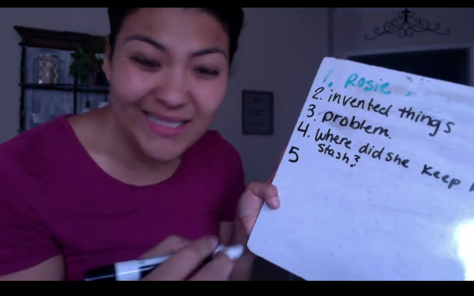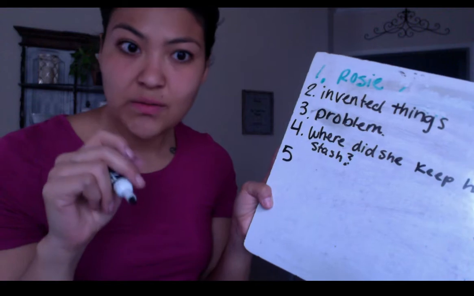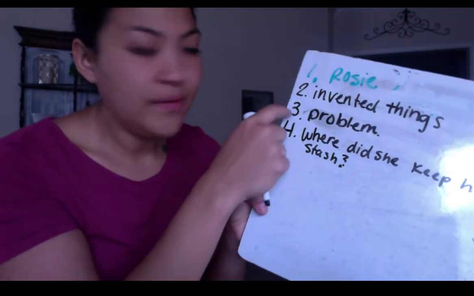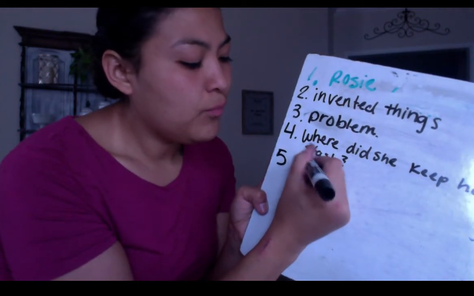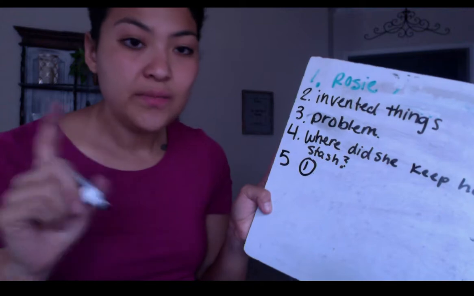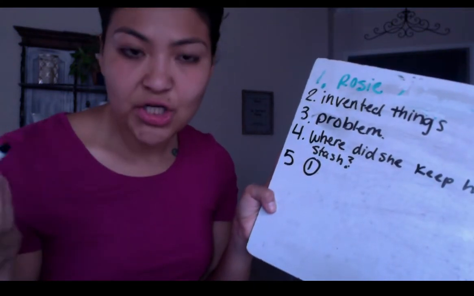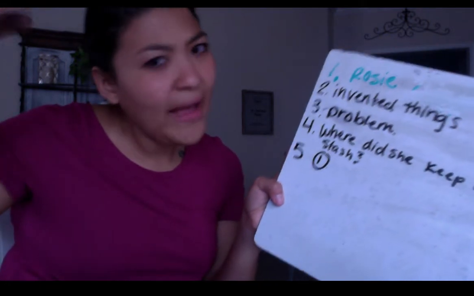So why did she invent those two inventions? So there's two different answers for this, and it kind of goes along with this one. Okay, so the one possible answer could be why did she invent her uncle's invention, his little hat thingy?